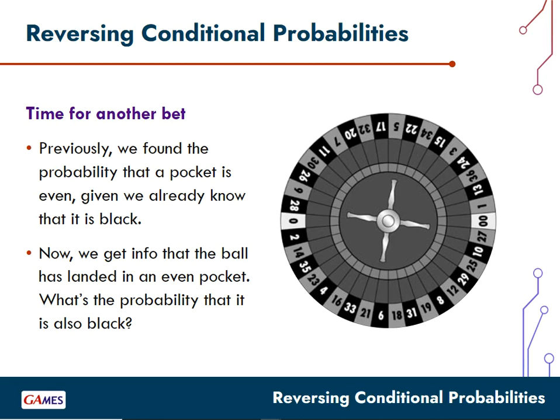So we've been talking about bets. We've looked at different types of bets. We started with just betting on colors, placing bets based on our calculation of the likelihood that the ball will spin into a particular color of pocket.